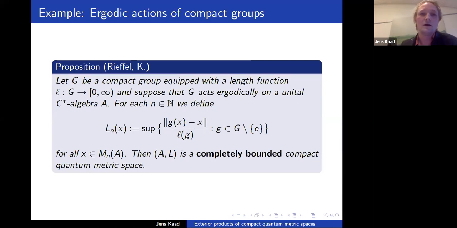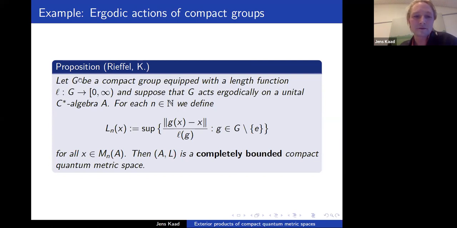This concerns ergodic actions of compact groups. So if you have a compact group acting ergodically and unitally on a unital C-star algebra A, so you have a strongly continuous action, the fixed point algebra is just the scalars.